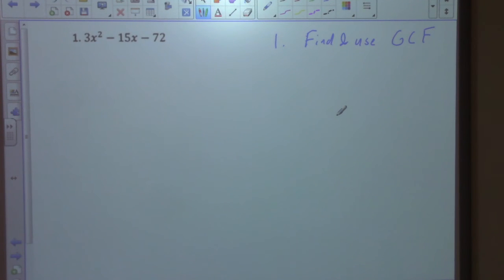Then the next thing is to factor a quadratic trinomial. And the last thing is what we worked on just a little bit ago with one of the identities. It's called using the difference of squares.